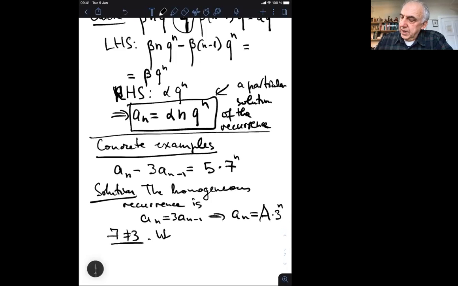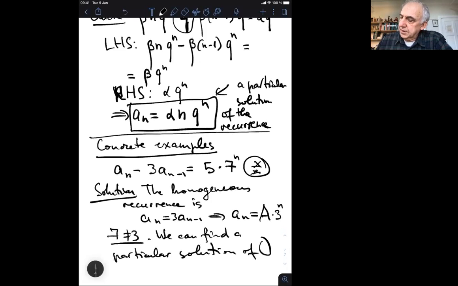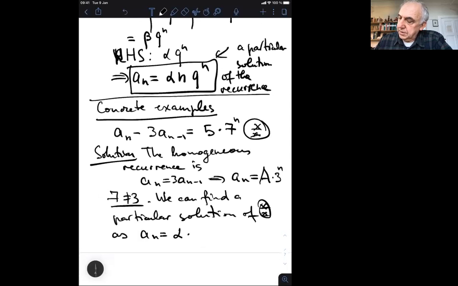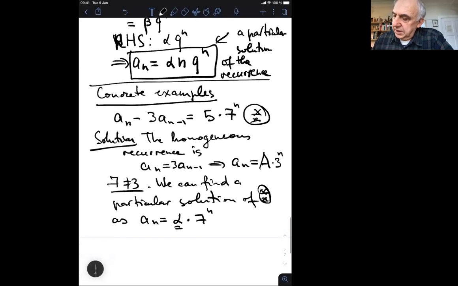So we can find a particular solution, let me call it double star, a n equals some constant alpha times 7 power n. Okay, so what is this alpha? To get alpha, we substitute.